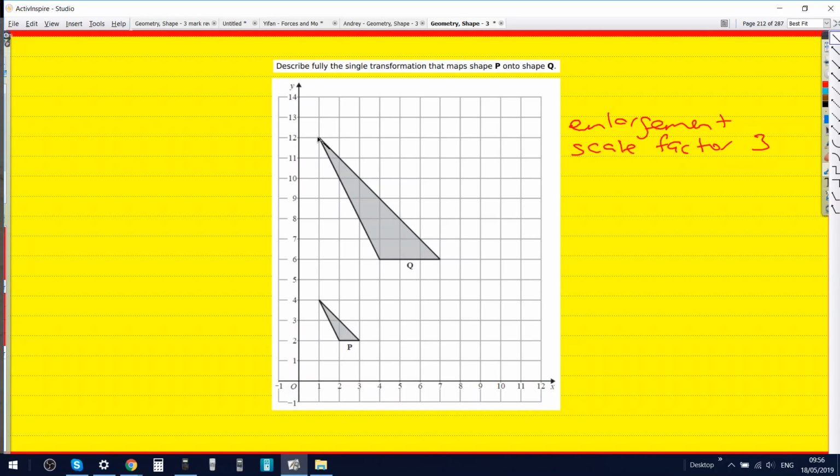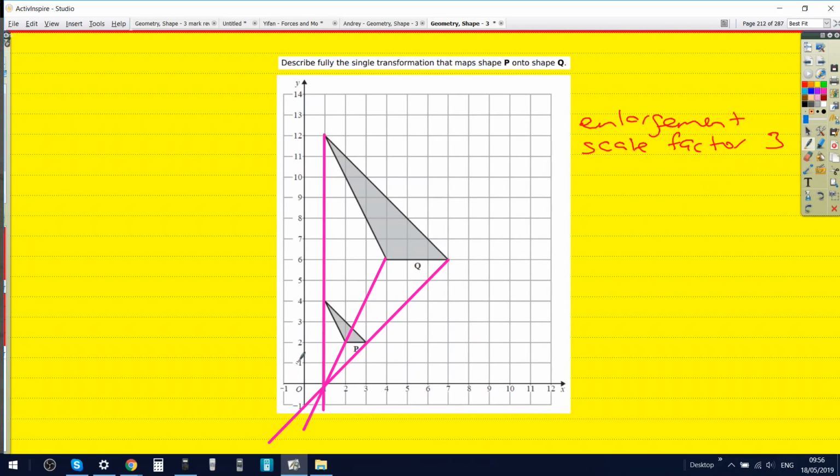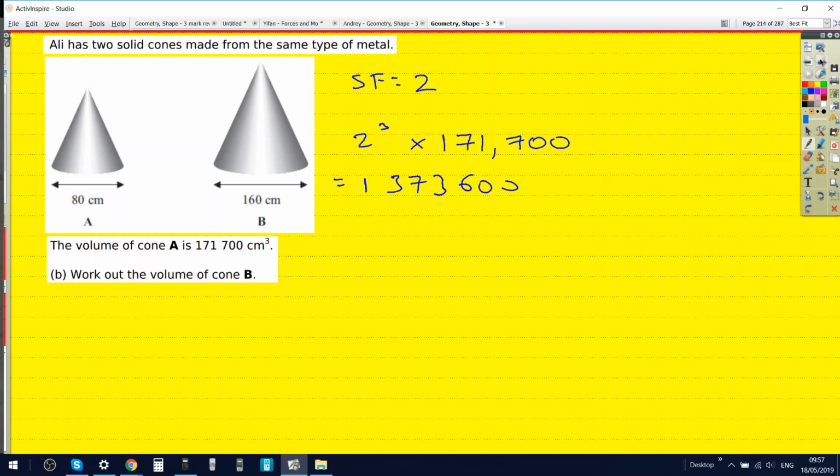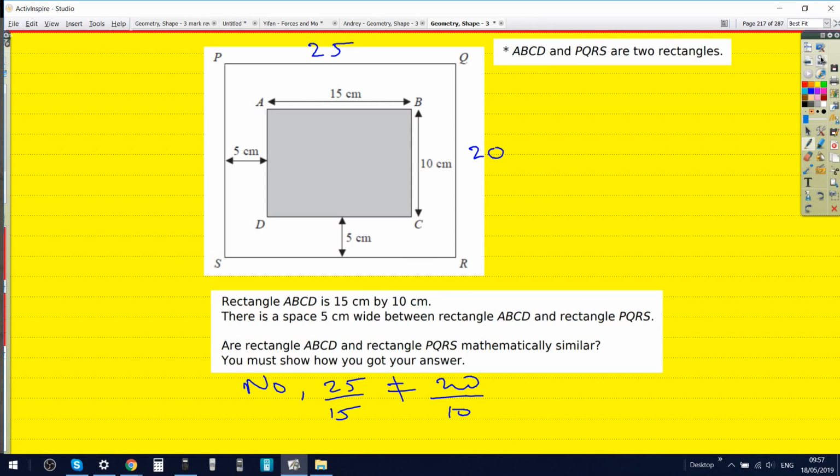I don't know. How would you find the center? Do you need to start from one point and then go into the other? Yeah, so just match up the corners. So for an enlargement, you just match up the corners. So where's the center of enlargement? 0, 1. 0, 1 is up here. Oh, sorry. 1, 0. Yeah, that's it. 1, 0. So I think what you're thinking of is center of rotation. Center of enlargement, you just join up the corners. Okay. It's not the middle point between them.